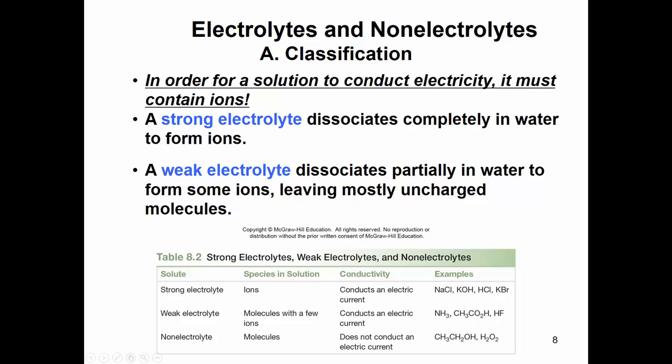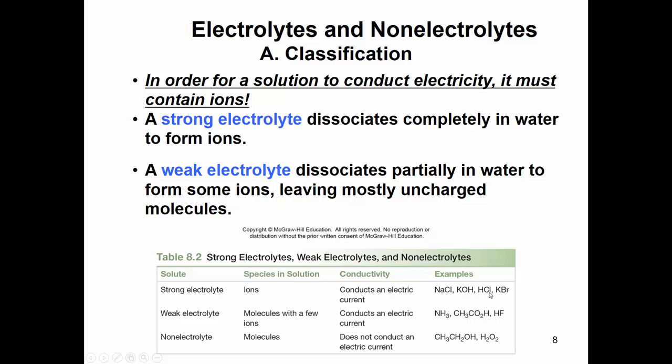Okay, and so here's a nice table. These are the ones that we focus on the most, these are ionic compounds here. Well, everyone except for this HCl. But NaCl, KOH, KBr have a metal and a non-metal. Therefore these are strong electrolytes.